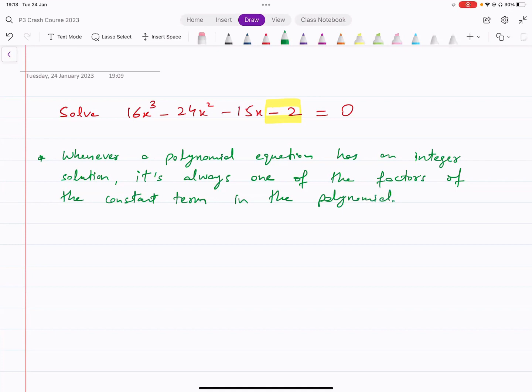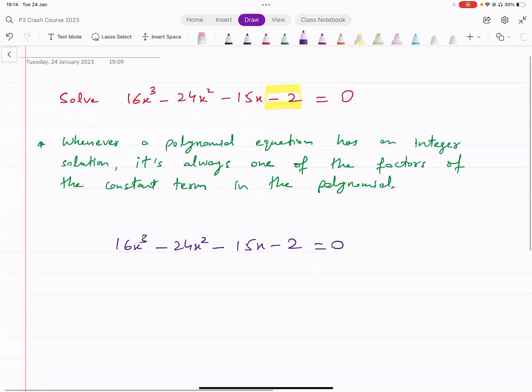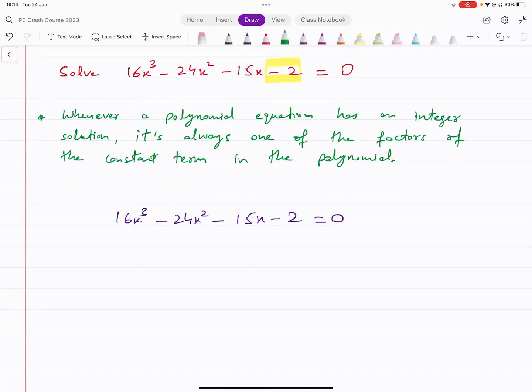Now, this is the polynomial that we've got. 16x cubed minus 24x squared minus 15x minus 2. Since you're not given any factor, what you can do is you can guess one solution. How would you do that? You'll pick up this number and you'll try out factors of this number.